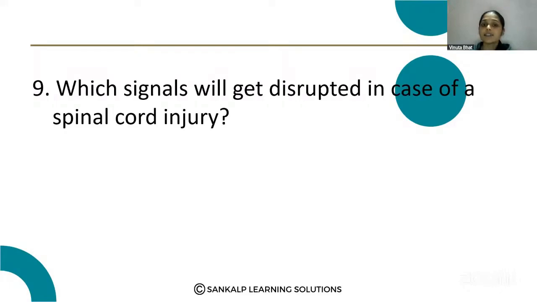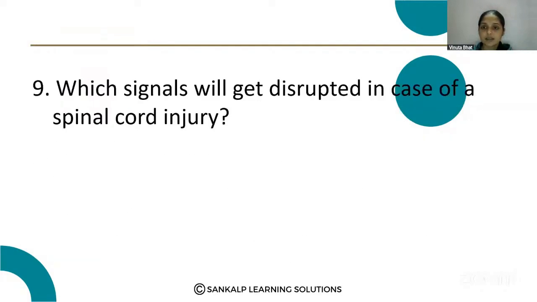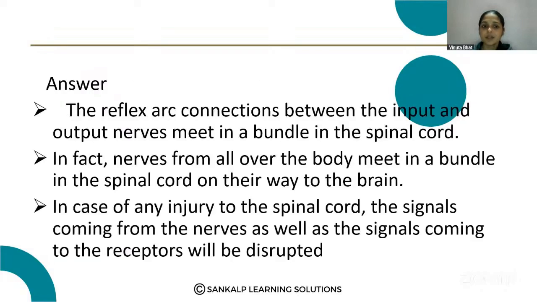Which signals will get disrupted in case of a spinal cord injury? The reflex connection between input and output nerves meets in a bundle in the spinal cord. So if the spinal cord gets injured, that gets disrupted. In fact, nerves from all over the body meet in a bundle in the spinal cord on their way to the brain.